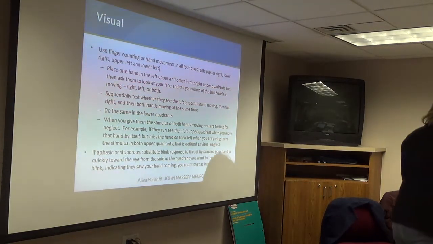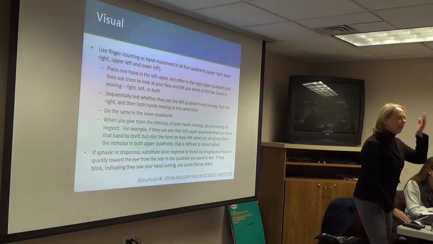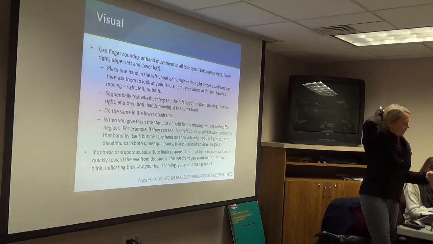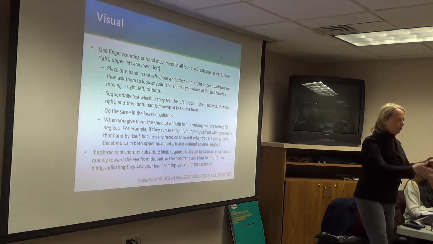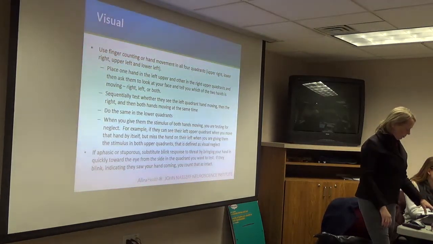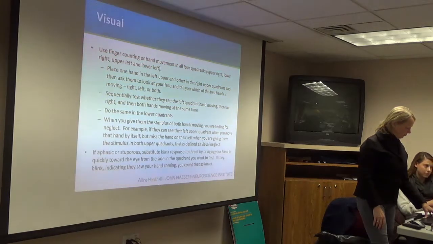Okay, makes sense? So when we need to, we're going to have you cover one eye and see whether this is both eyes and an occipital problem, with a hemifield out, or is it one eye, and so we'll drill down if we need to for that.